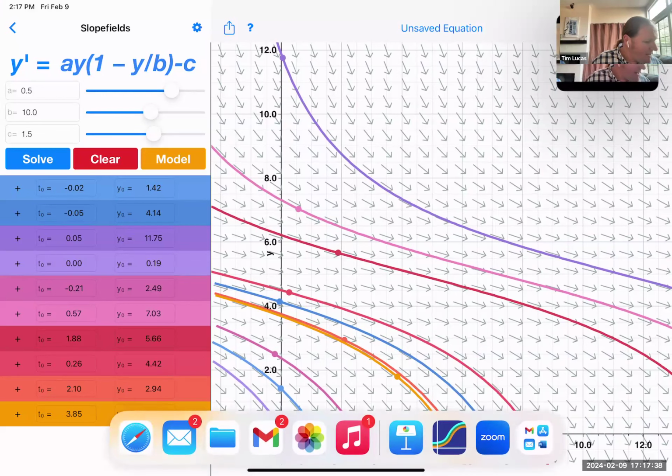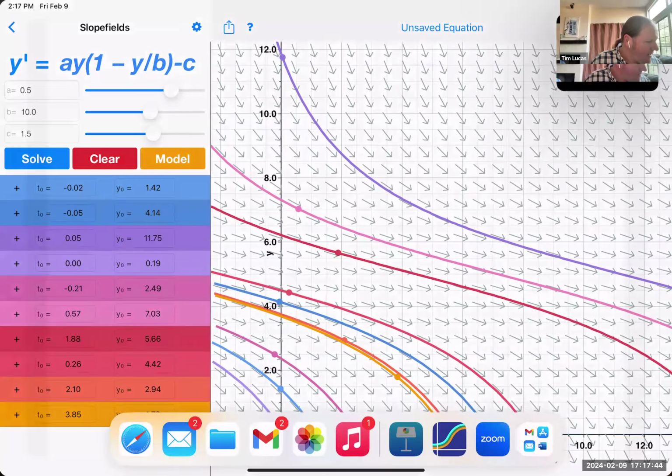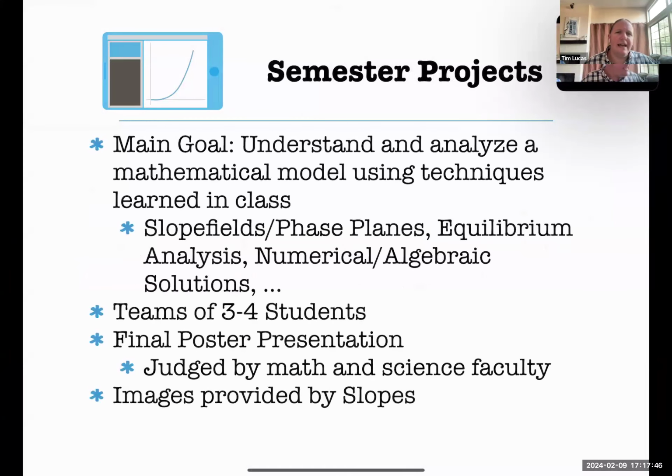So the second thing that I really wanted to talk about with slopes is that in our differential equations class we do semester-long projects. Our goal is to understand and analyze a mathematical model using techniques learned in class.